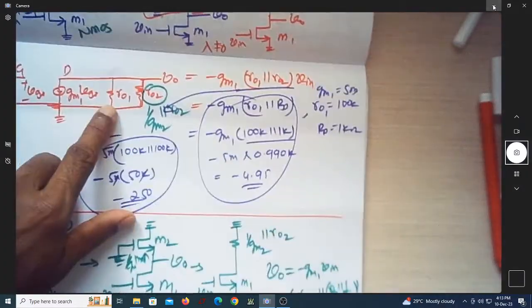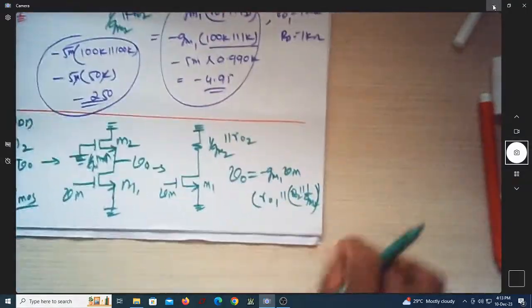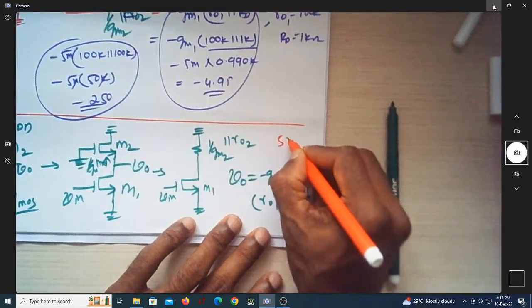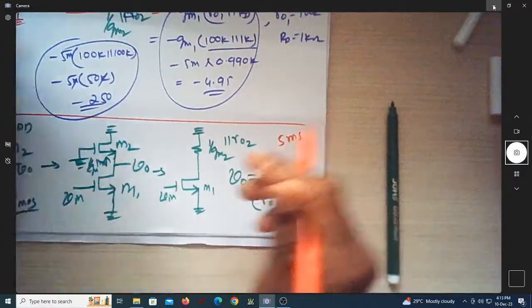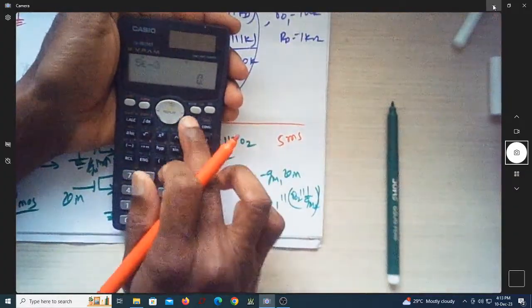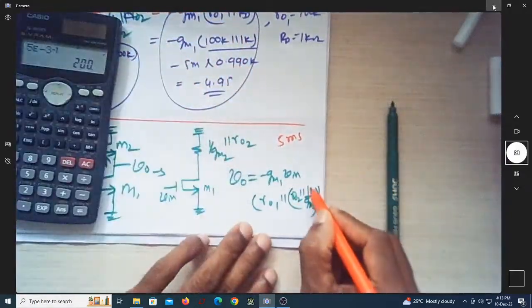This is R01. What is this resistance? It's 1 over gm2 parallel R02. We know that if this gm is, suppose, 5 millisiemens, do you know what 1 over 5 millisiemens is? Is it not 5 times 10 to the minus 3? 1 over that is hardly 200 ohms.